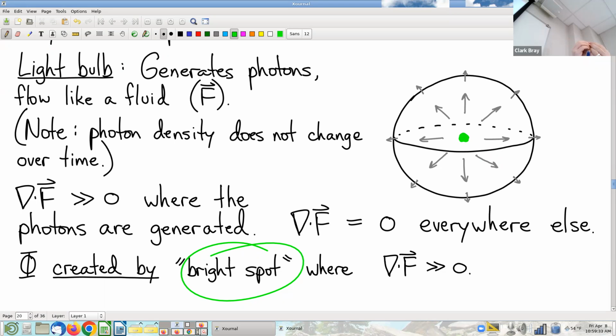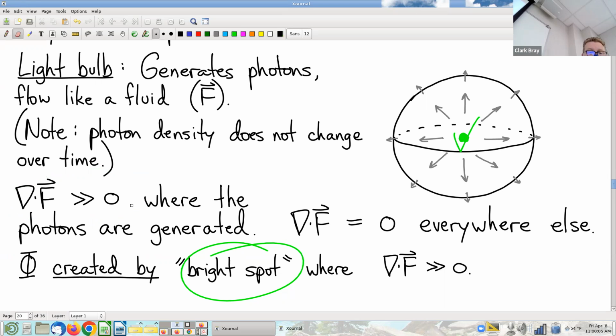But that's where this tremendous amount of photons that are fluxing through the boundary are all coming from, this teeny tiny little space. And so flux per unit volume, well, there's a lot of flux in not very much volume. And so your divergence there on the filament, inside the LED, whatever it is, the divergence is huge there. So that's divergence pointing at where the stuff is coming from. We good?